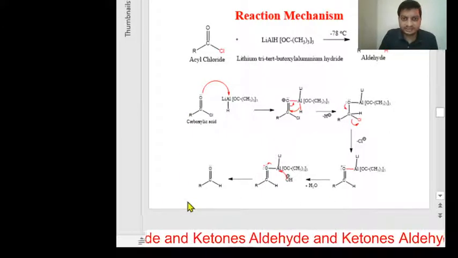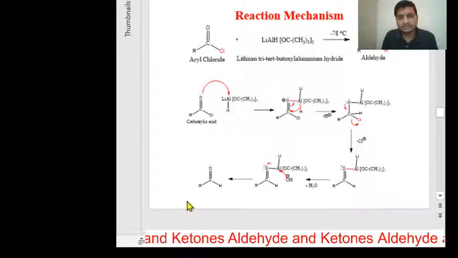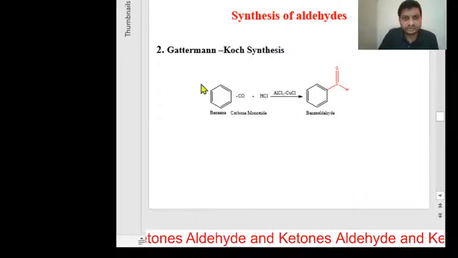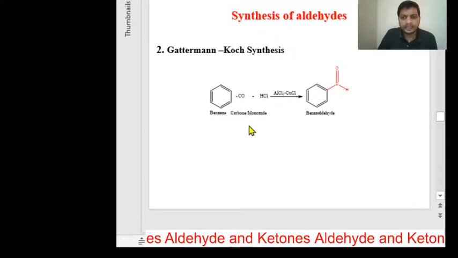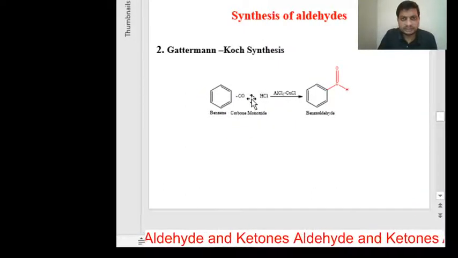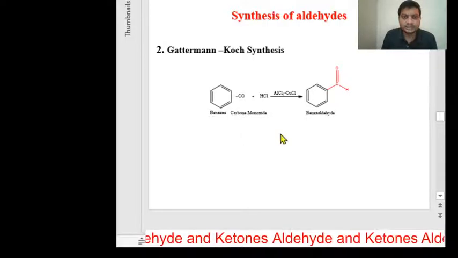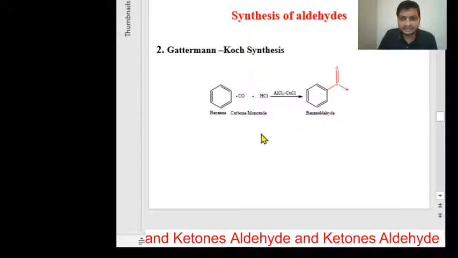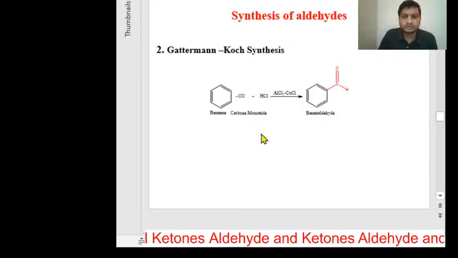So the next reaction is the Gattermann-Koch synthesis. The Gattermann-Koch synthesis is the reaction in which benzene reacts with carbon monoxide in acidic condition, using hydrogen chloride, with the catalyst aluminum chloride and copper chloride.